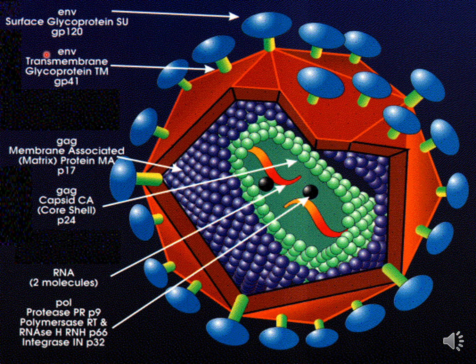You're seeing the envelope transmembrane glycoprotein, GP41, which is the stalk, and then you have the membrane associated matrix protein, P17, and then the core capsid, which is P24, and then the two RNA molecules that we have, and the reverse transcriptase, which is composed of the protease, polymerase RT, RNase, and integrase, right?